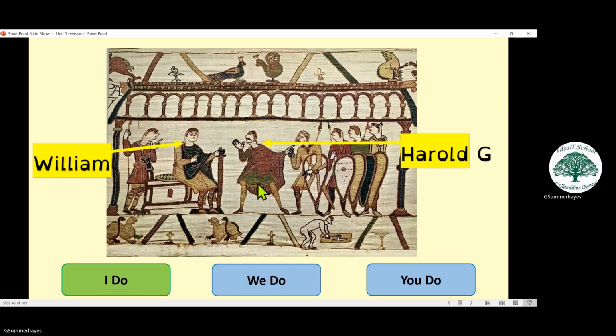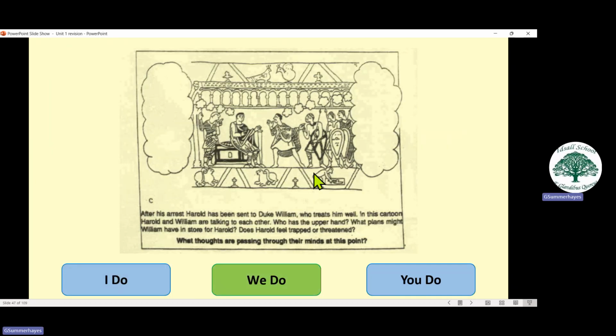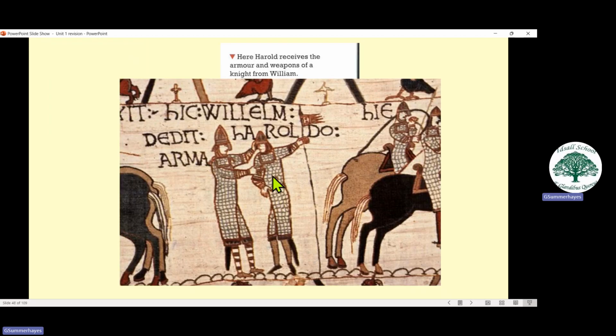There he is, and there's William. Now, William is in a strong position. He's got a nobleman worth thousands of pounds, as we already saw, in his command. He's going to ask for a ransom, but whilst that ransom is being collected, he takes him to a battle, as you do with your prisoner, because he respects him as another nobleman.